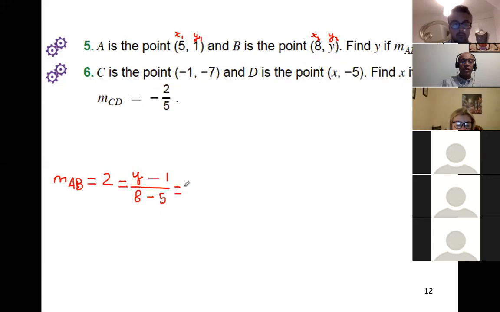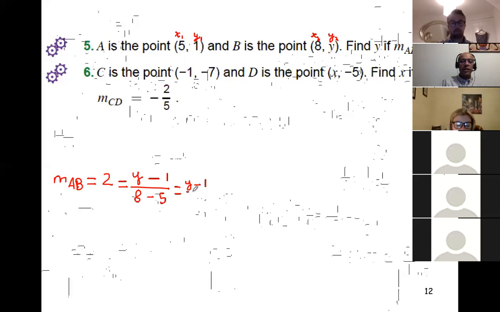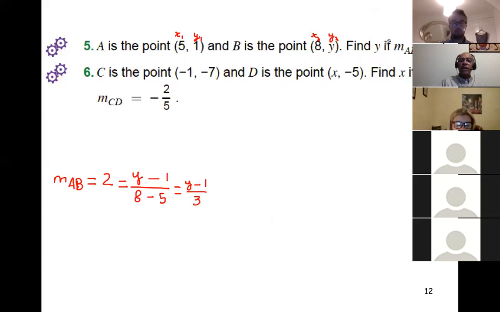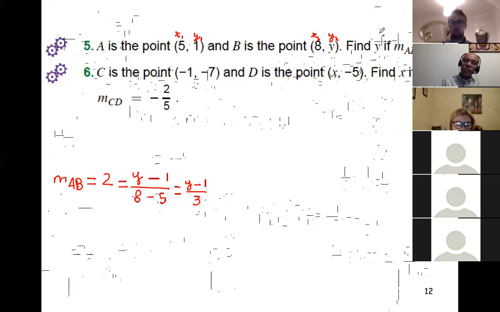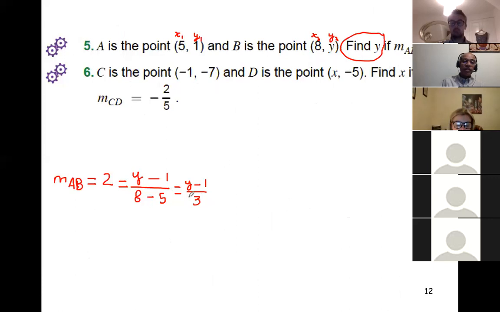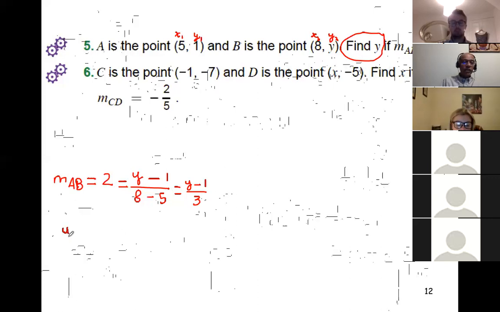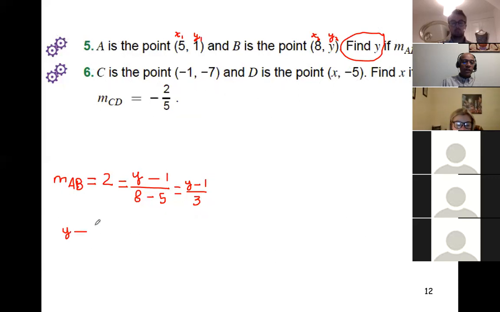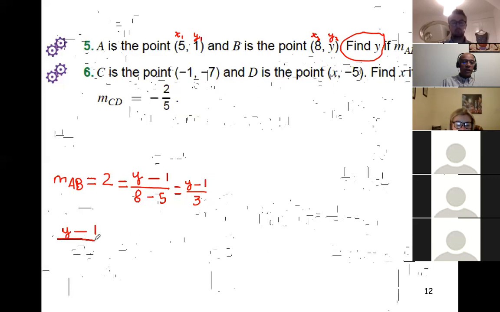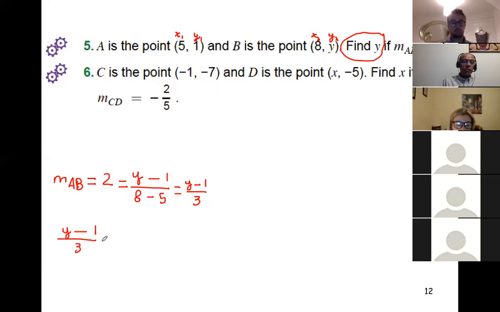So y minus 1 divided by 3. Now the question is, can you see the question there? Find y. They've just asked you to solve this equation. Solve y minus 1 divided by 3 equal to 2.